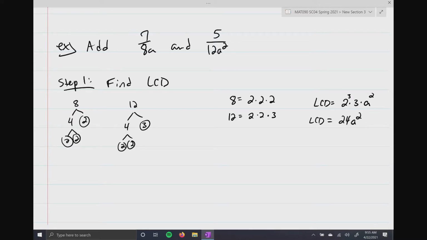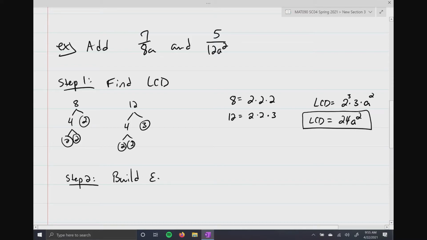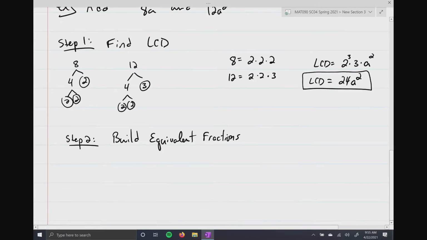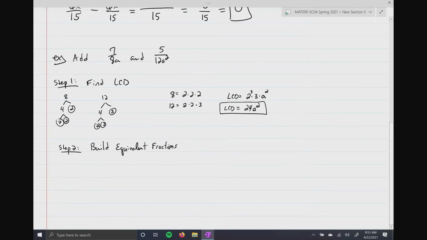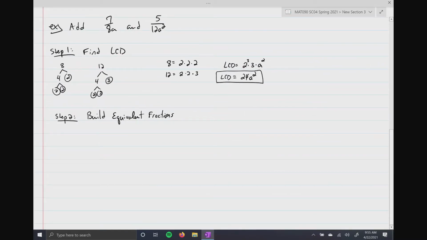Next, we know what our LCD is. Step 1 is done. Step 2, build equivalent fractions. So here's what we know. I've got to zoom out here just a little bit so I see my fractions. So my first fraction is 7 over 8a. I'm going to multiply this by something, and I want my denominator to be 24a squared.